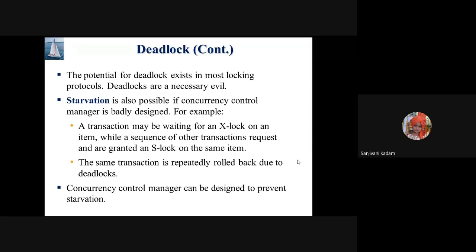So starvation may happen for T1 because of a series of shared locks on a data item. A transaction may be waiting for an X lock on an item while a sequence of other transactions request and are granted an S lock on the same data item. The same transactions may also need to be rolled back due to deadlock.